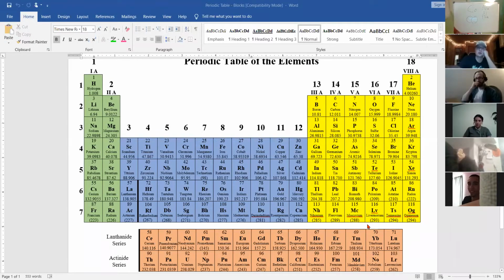Then we have the third thing, the name of the element, simple enough. But let's look at the fourth thing, which is the atomic mass. We'll talk more about atomic masses later in the class, maybe in a week or two, and we'll see where these atomic masses come from.